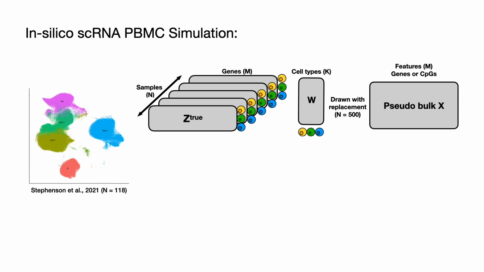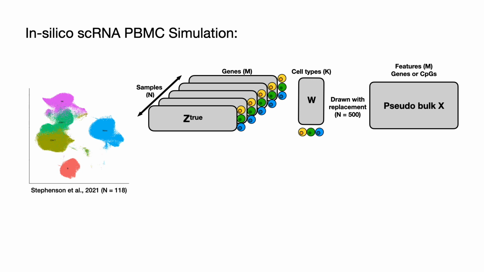We show our first piece of evidence via simulation. We went back to the PBMC single-cell RNA dataset, and we constructed our cell type level pseudobulk and used that as our ground truth tensor Z. We then counted how many cells each sample has at each cell type, and that gives the ground truth W, cell type proportions.